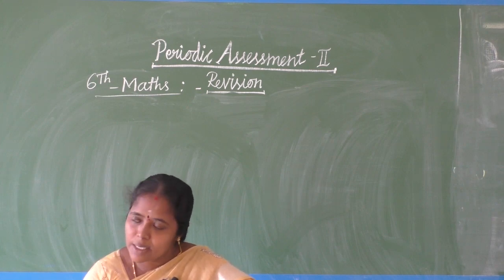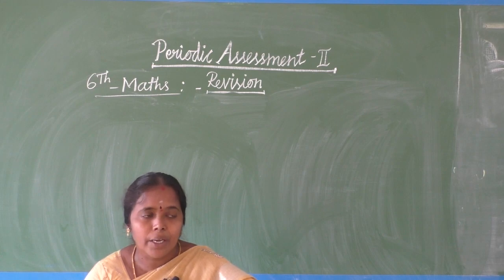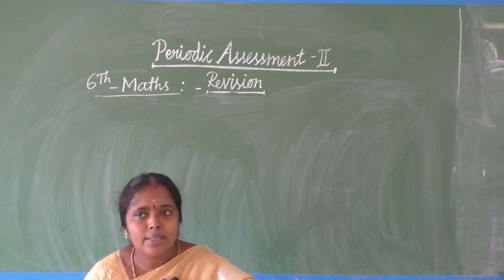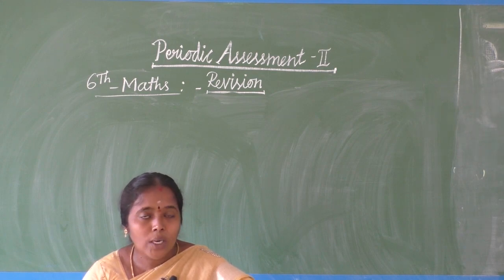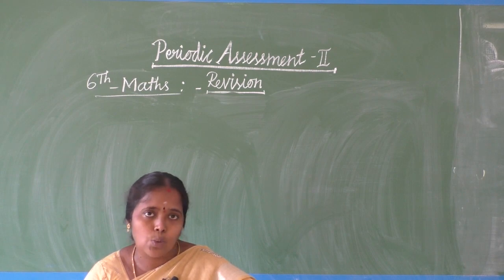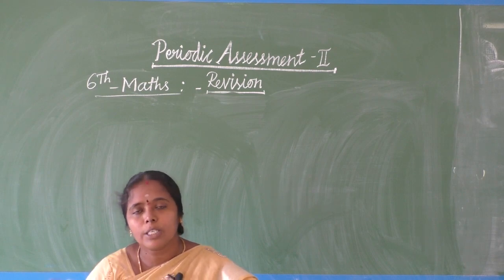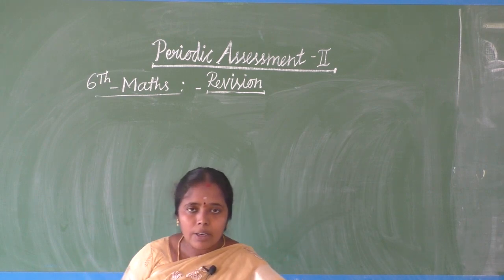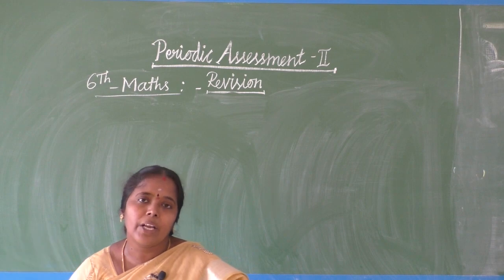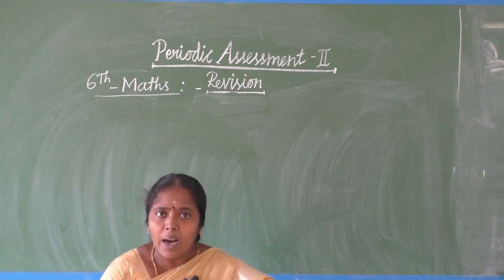For example, take 6. The factors of 6 are 1, 2, 3, 6. Comparing their values with 6, 1 is less than 6, 2 is less than 6, like that. So the values of the factors are always less than or equal to that number. Are they finite? Yes.